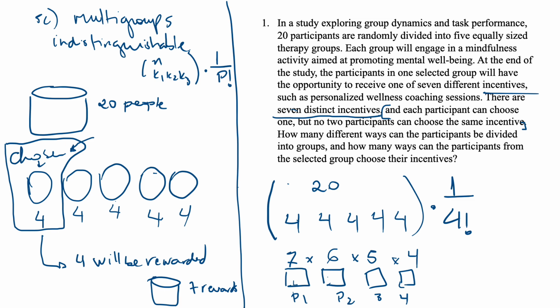So this was the question from quiz 1 last year, and if you take a look, the answer is posed like this. It's 20 choose 4, 4, 4, 4, 4, corrected for the indistinguishability, and then selected without replacement.